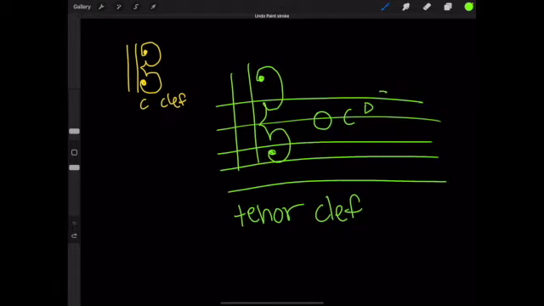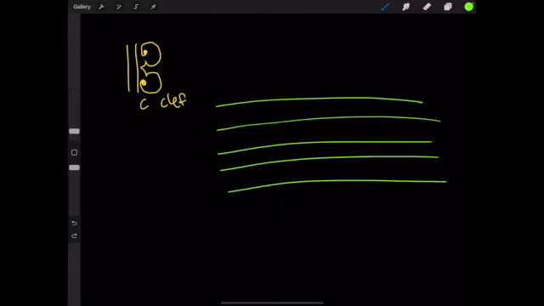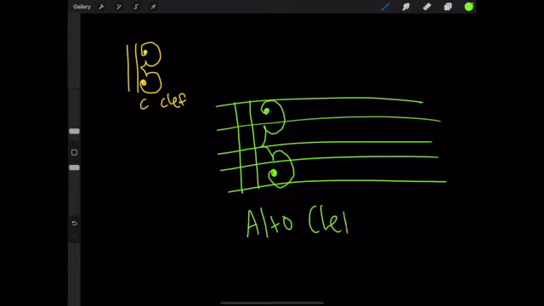So that was our C clef as a tenor clef, but we can also have it start all the way down there. This is known as what clef? Known as alto clef. Alto clef. Okay. It starts all the way down there.